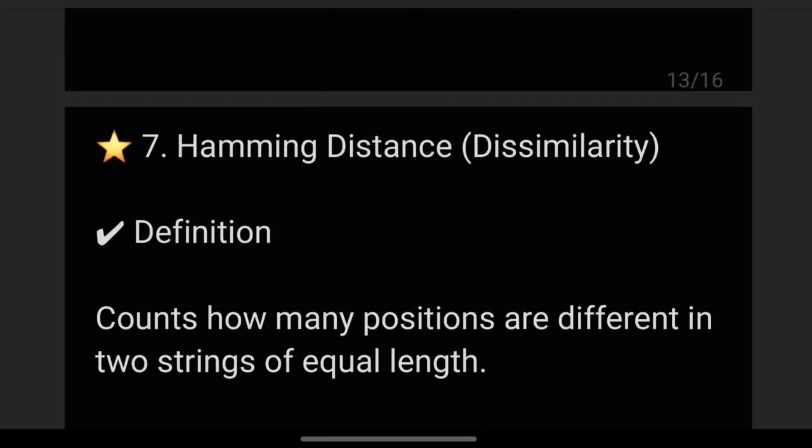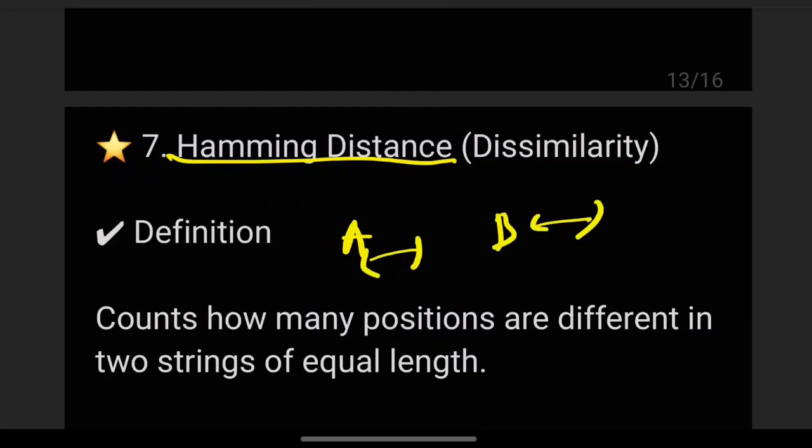Okay, and the last one, which is very easy, Hamming distance. So this counts how many positions are different in two strings of equal length. So for example, A and B are having equal length. So this calculates how many positions are different in two strings. For example, in this 10, let us say in this 8, this calculates 2 as the answer.